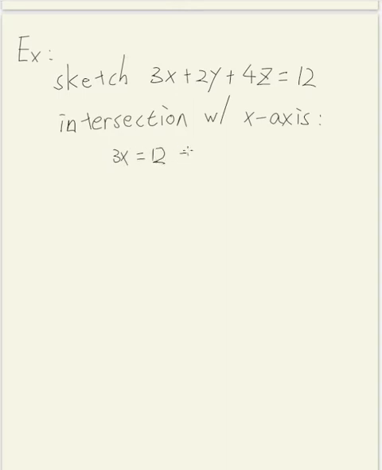So that means x equals 4. So this point is 4, 0, 0. Alright, so this is the point at which the surface intersects the x-axis.